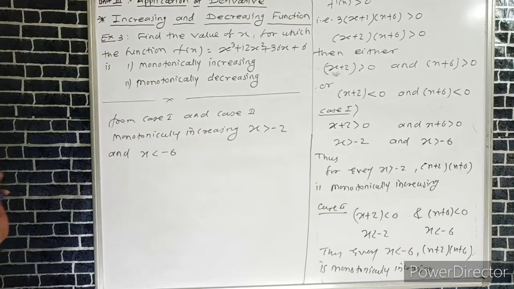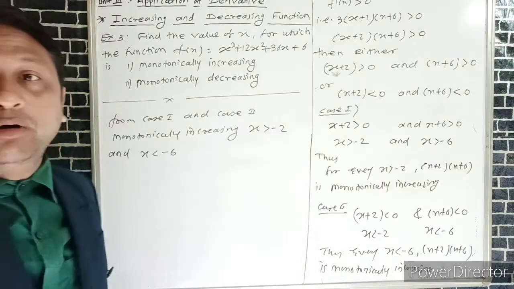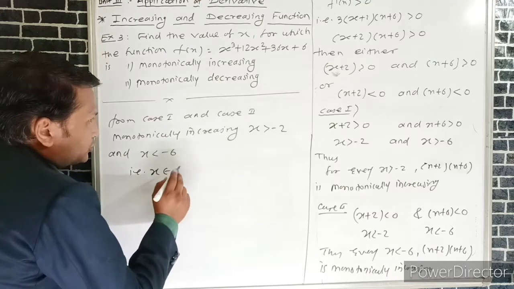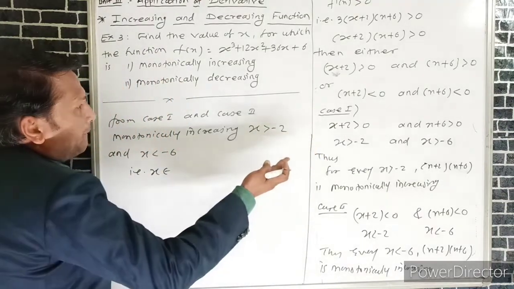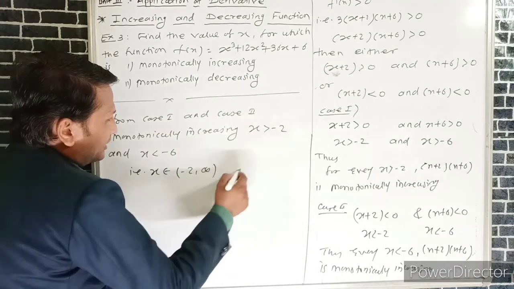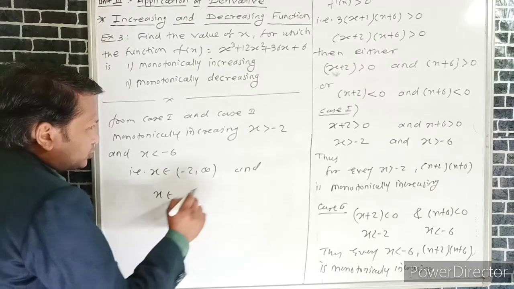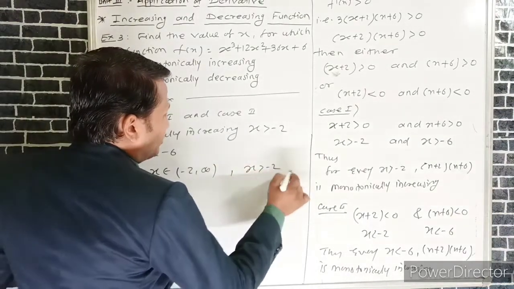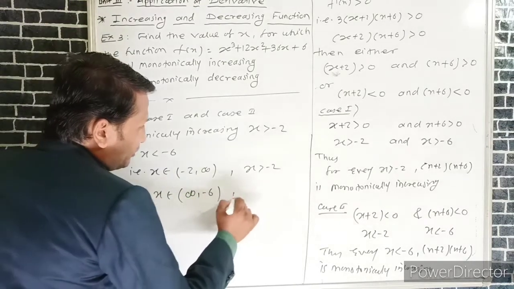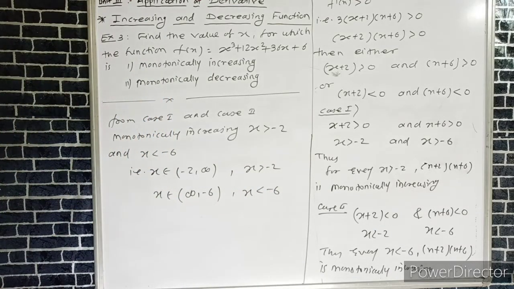That is, the function f of x is monotonically increasing when x belongs to minus 2 to infinity, and when x is less than minus 6, x belongs to minus infinity to minus 6. This is the required value of x when the function is monotonically increasing.